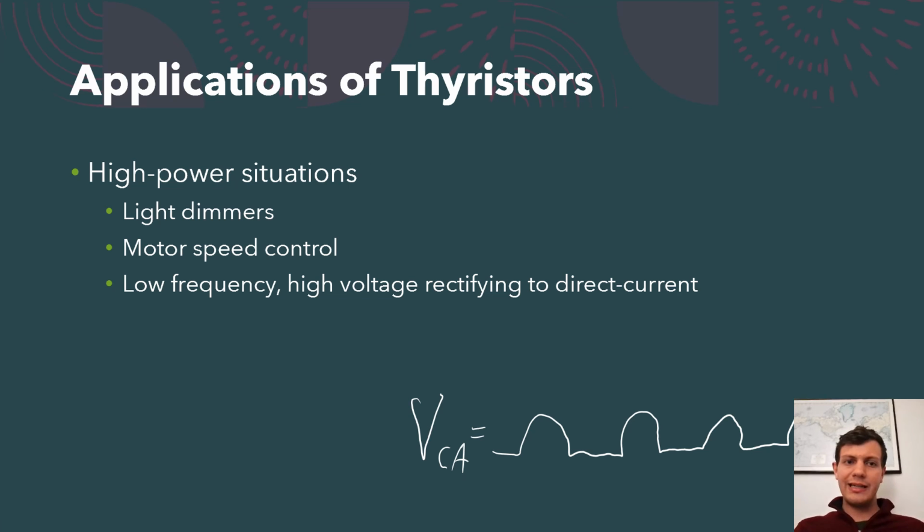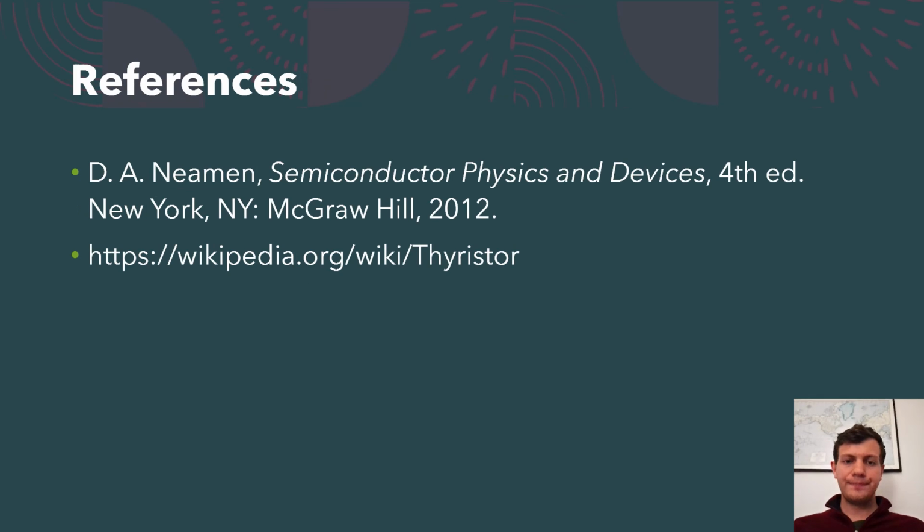So you really see in the reverse blocking mode only very small amounts of current moving in the wrong direction, so to say. It's great for instances like motor speed control or even light dimmers. These are great things to use it for.